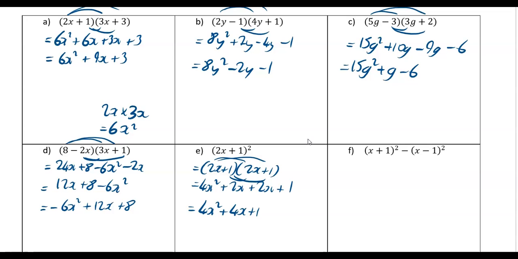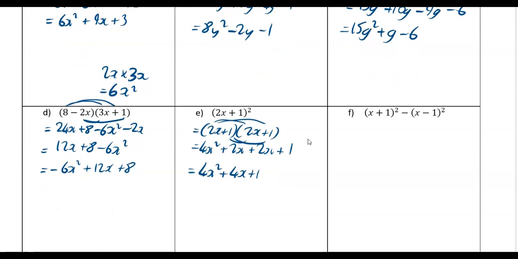Okay, your last example, we're going to need a wee bit more space maybe to do this one. So we will just write this one out as x plus 1 upon x plus 1, then minus x minus 1 upon x minus 1. Now I'm going to multiply this out, and I have two pairs of double brackets. I'm going to write them out the long way.